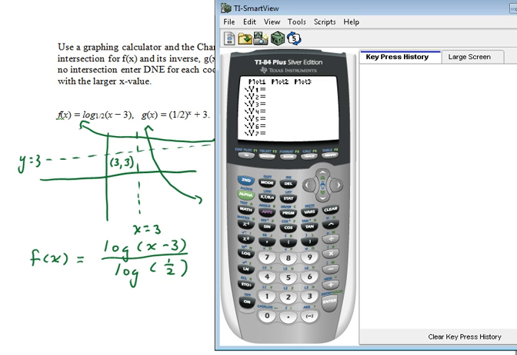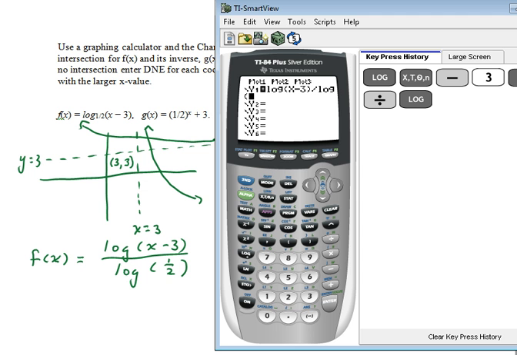So when I go to the graphing calculator, I enter log of x minus 3, close the parentheses, divided by log of 1 divided by 2, close the parentheses, and press enter.